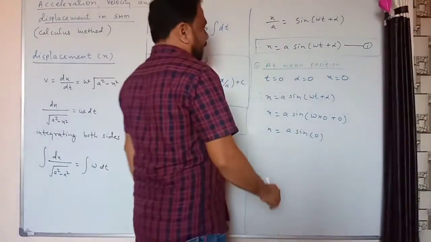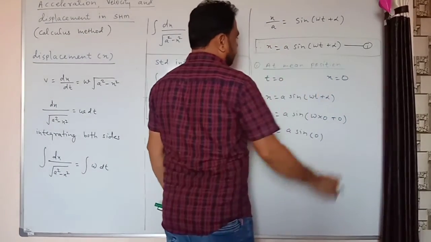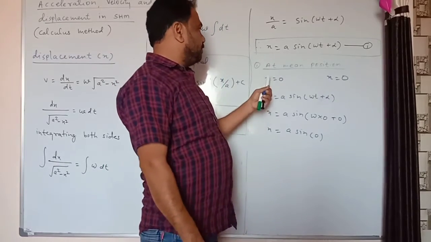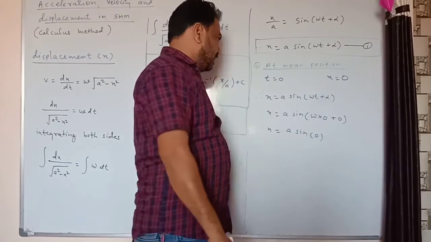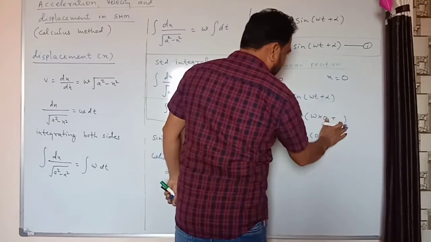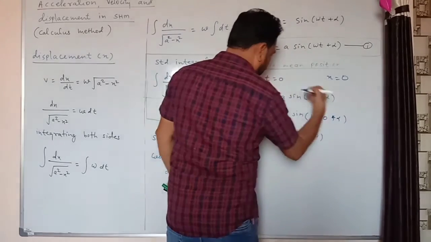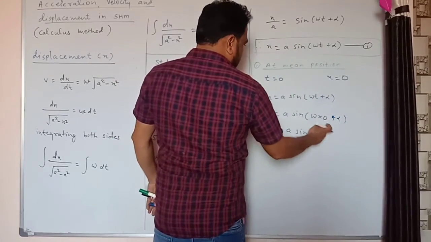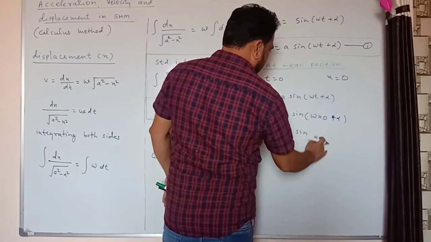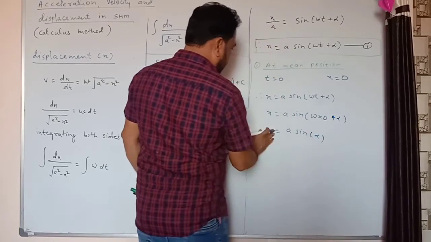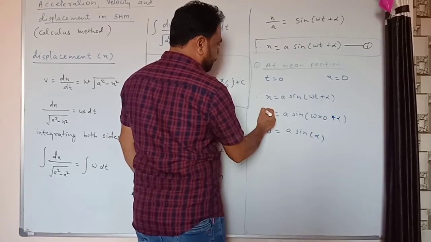Here we are not considering the angle of inclination; we just have to put the values of t and x. Here x will be 0, that is, displacement will be 0 here.